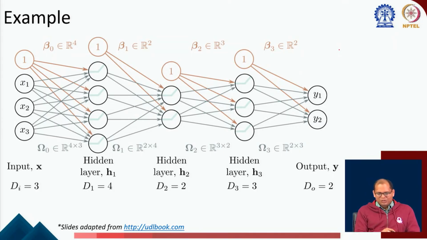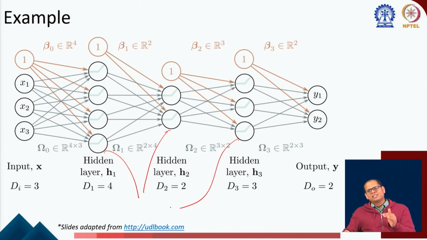So, as an example, you have here a 3 layer, right, 3 layer deep neural network, hidden layer 1, hidden layer 2, hidden layer 3, and here each layer even has different number of neurons. So, hidden layer 1 has 4 neurons, 2 has 2 neurons, and 3 has 3 neurons. Your input is 3 dimensional and your output is 2 dimensional, right.